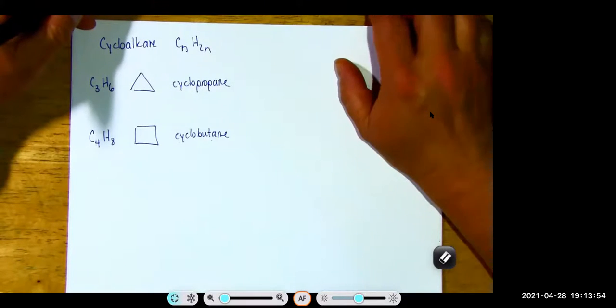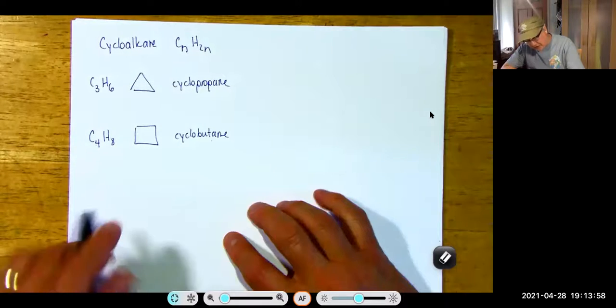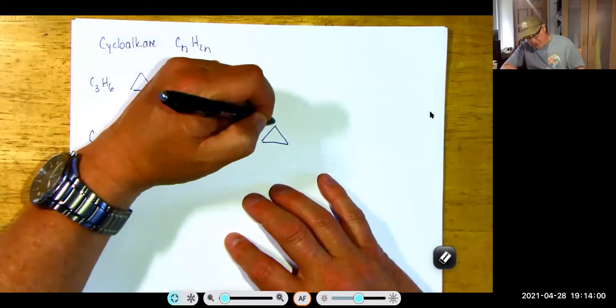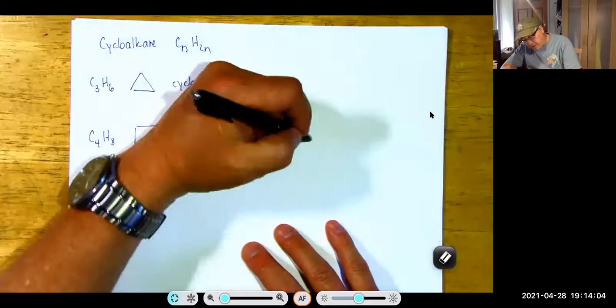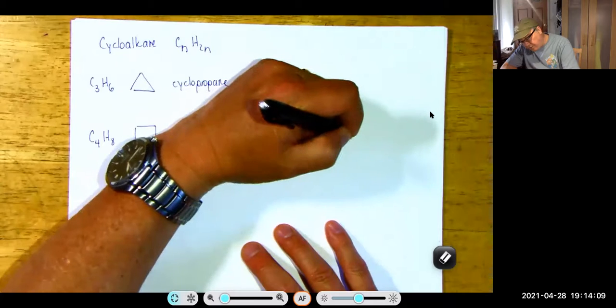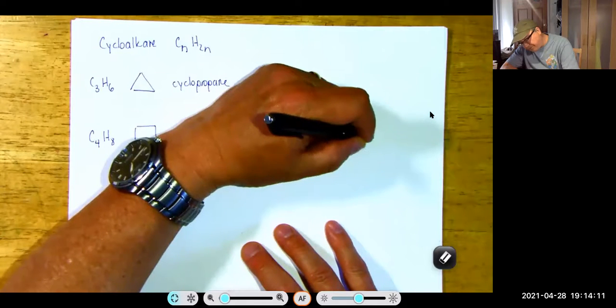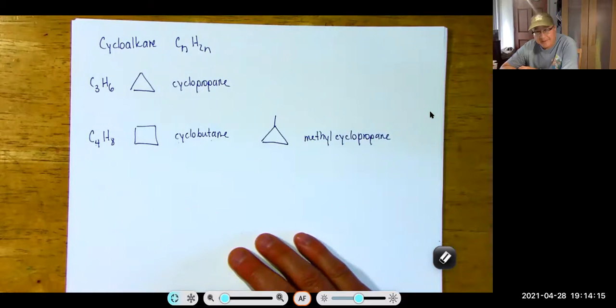Now there's another one of these C4H8s and it looks like this. So what do we call that? Methylcyclopropane. And this is like another isomer. That's right. And what carbon is that methyl on?